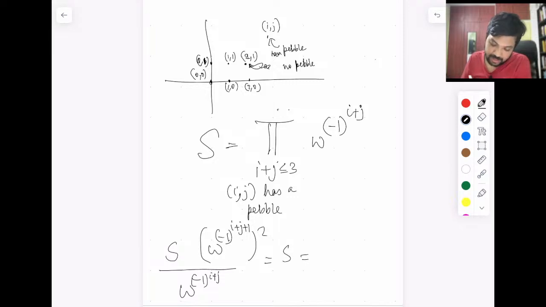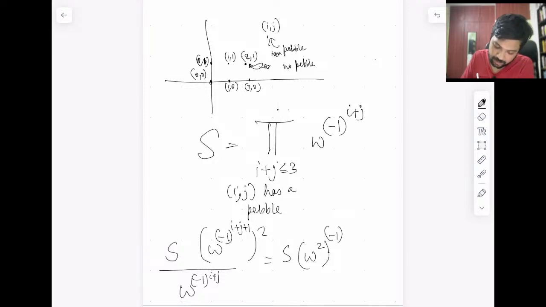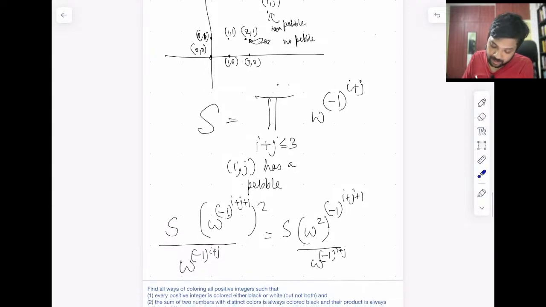Now you notice that a power b power c is a power bc, right? So you can take this 2 inside. So you can write this as omega square minus 1 power I plus j plus 1. Of course, you can do it by cases, because this I plus j is simple enough, but this idea might work in general. So that's why I'm writing it this way. So you take minus 1 power I plus j.